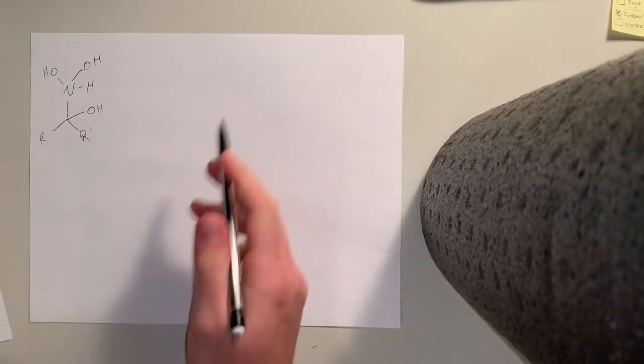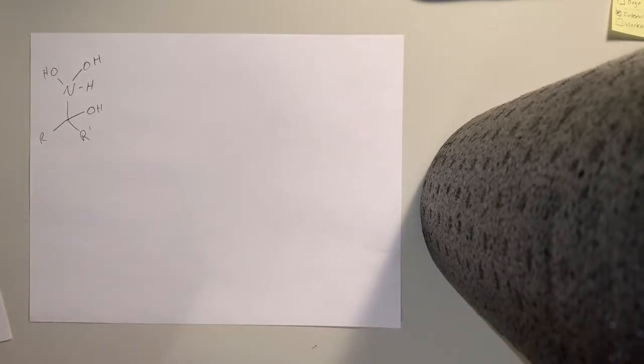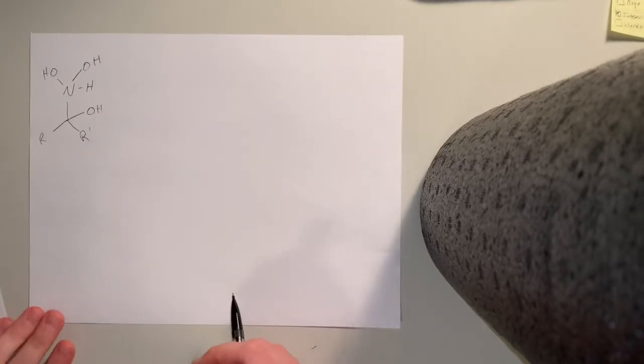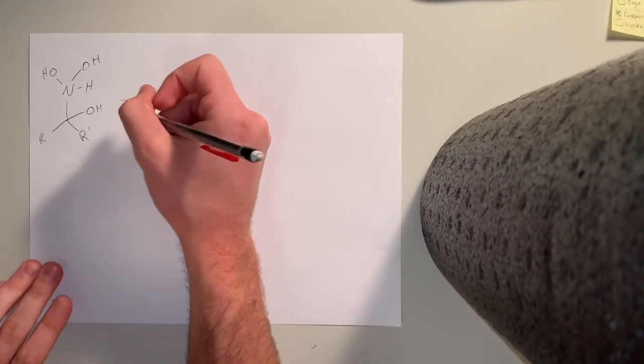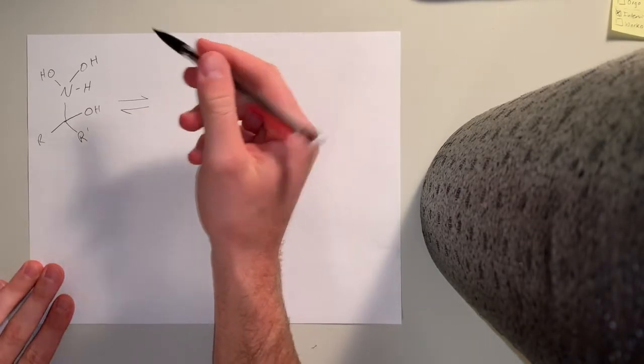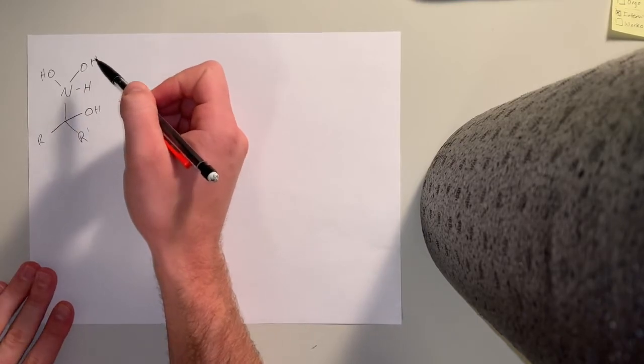And so this is the kind of controversial step. Different literature thinks different things about how this actually happens, but from our research, this is the most agreed upon mechanism for the Nef reaction. Okay, and then from here, we're going to lose a water.